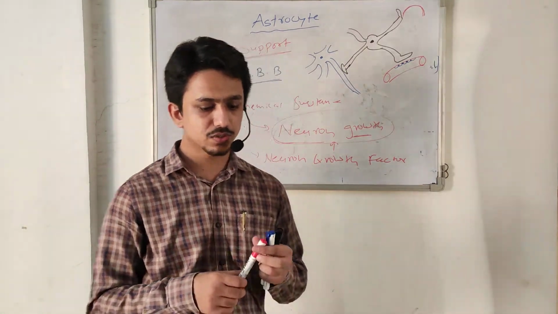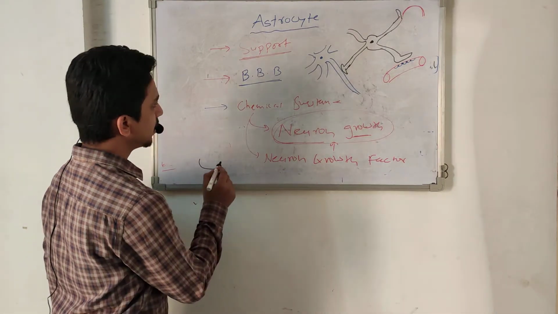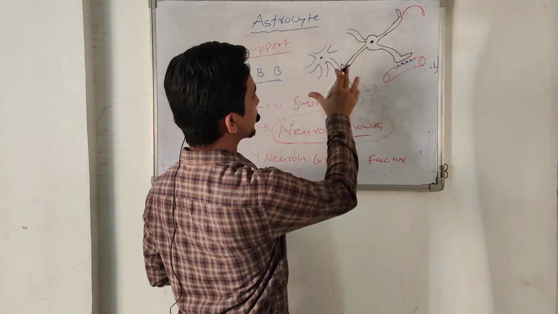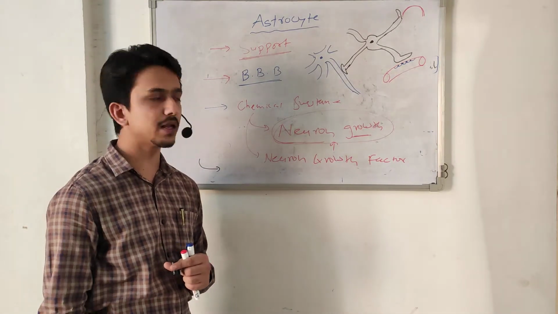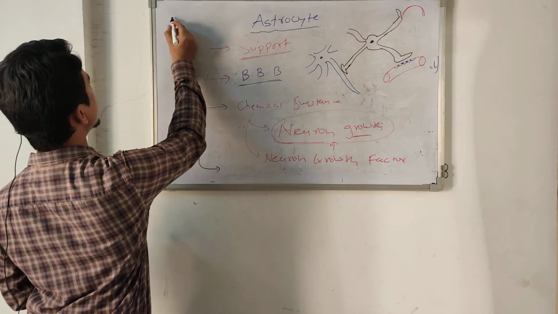Okay, next function: they also help in the formation of synapses. They are around the synapse. Now what is a synapse? A synapse is a junction between two neurons.